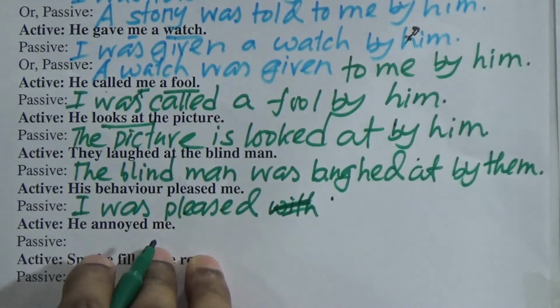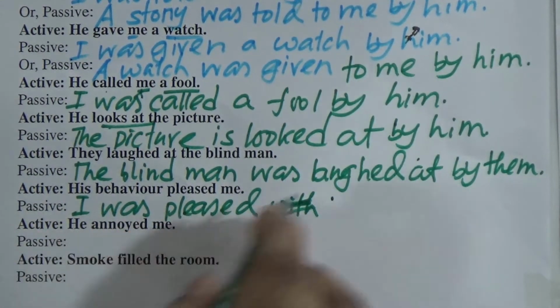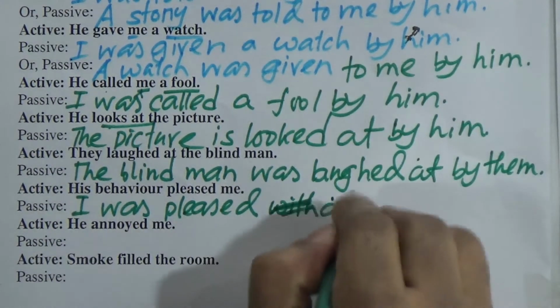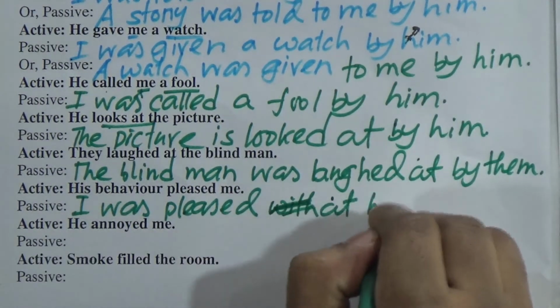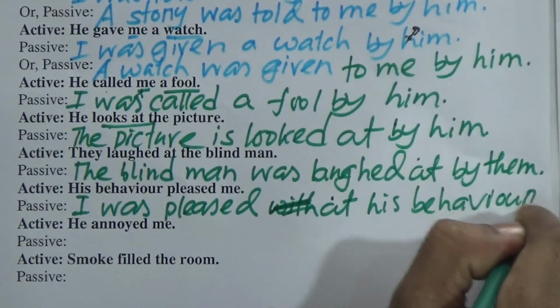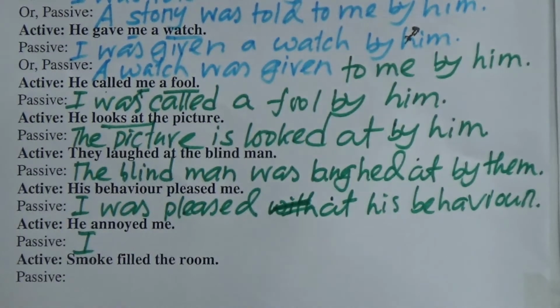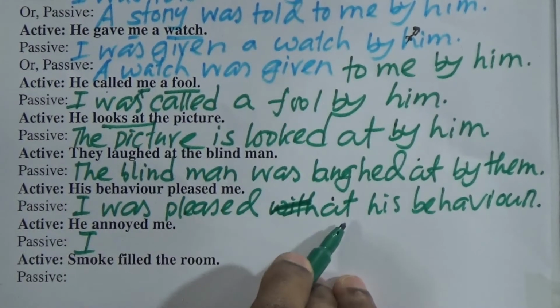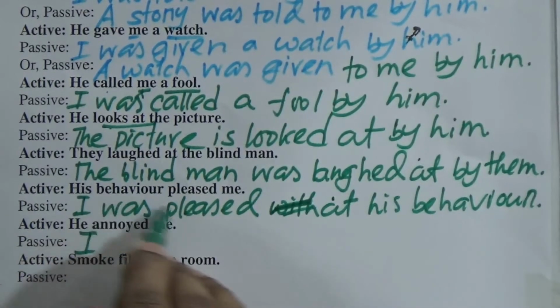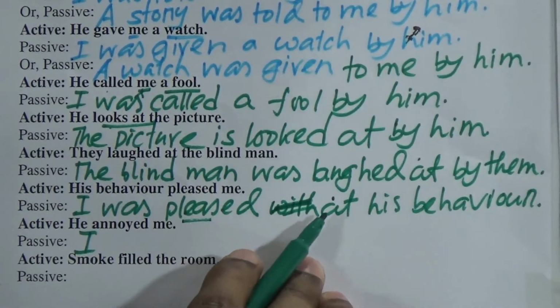If after pleased comes a person, we have to use with. And if after pleased comes any behavior or anything, we have to use at. So I was pleased at his behavior. In this case, we have not used by, because the verb pleased takes the preposition at. That's why we cannot use by.